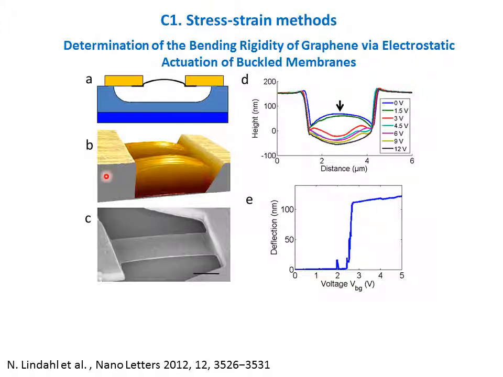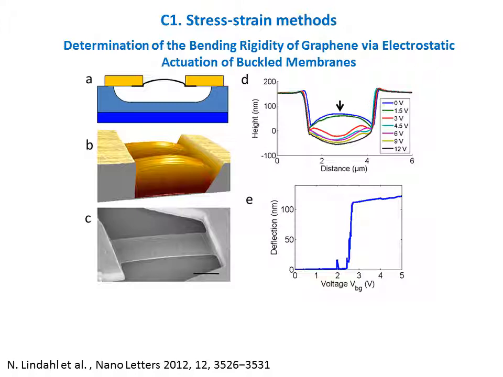In B you have an AFM scan of two suspended samples, and C is this beautiful image of this bilayer graphene. D shows line AFM scans for different applied voltages, and finally E shows you the deflection with respect to zero voltage as a function of the applied voltage.